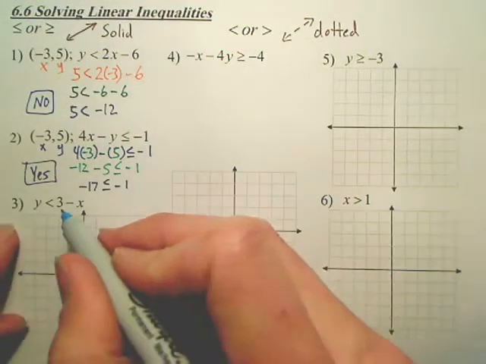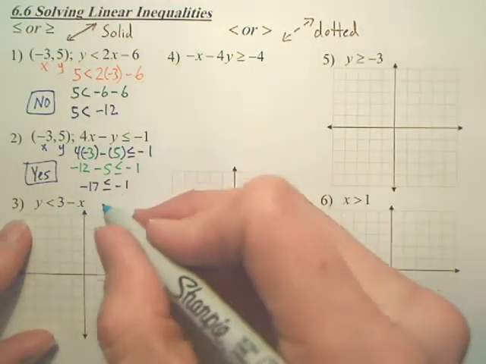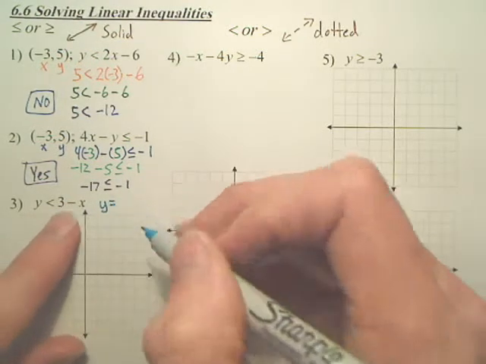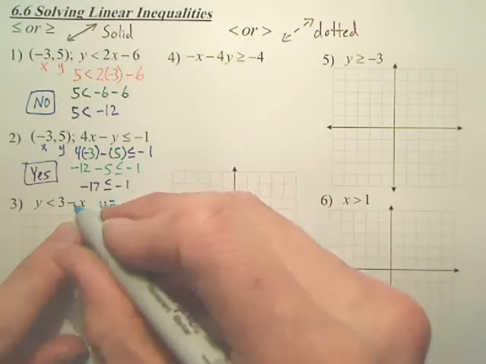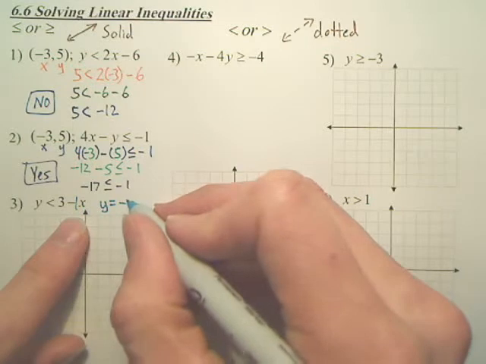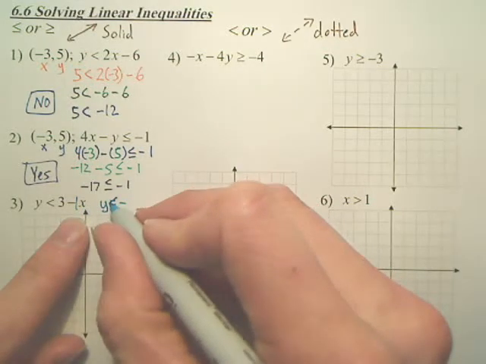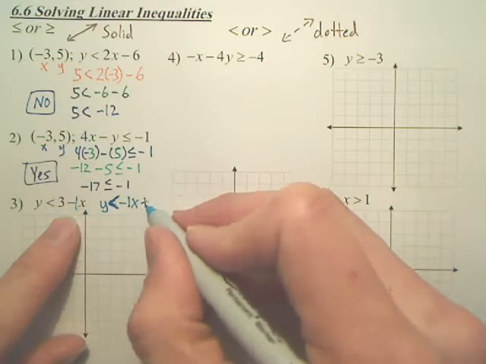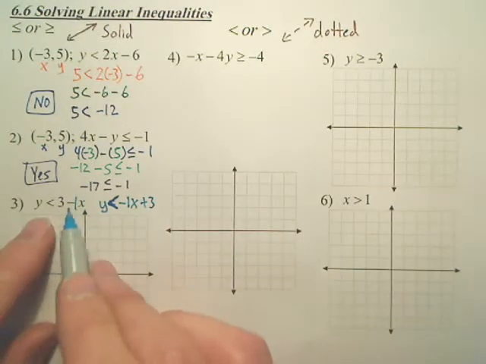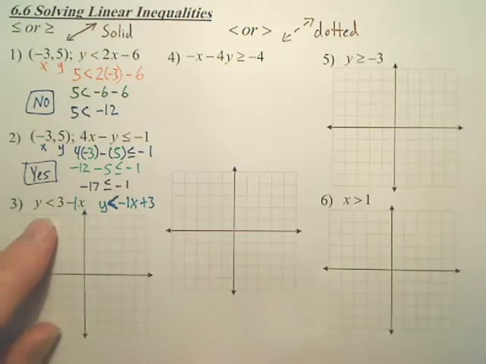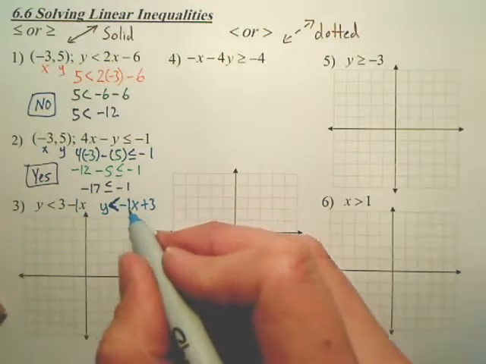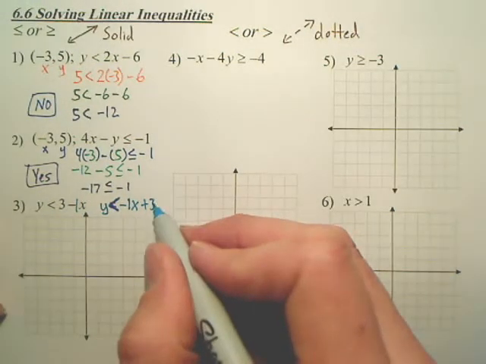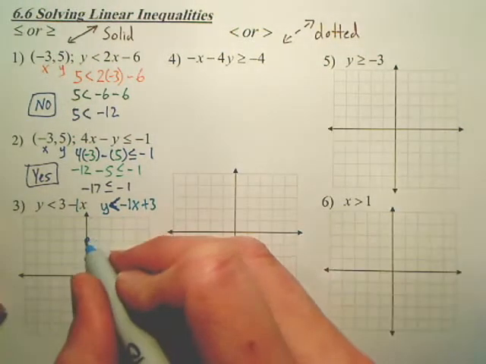Number 3, I'm going to graph this. Some of you might want to rewrite this as -1x plus 3, so you can see your m and b better. What are we going to begin at? 3 on the y-axis.